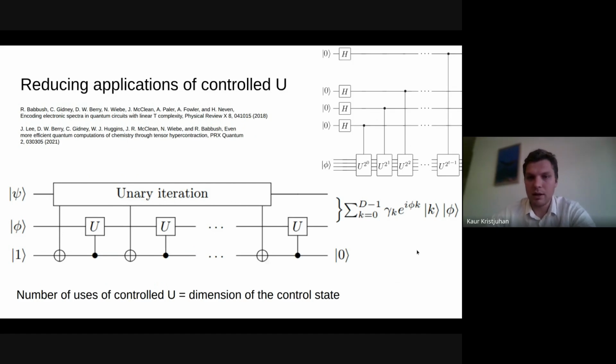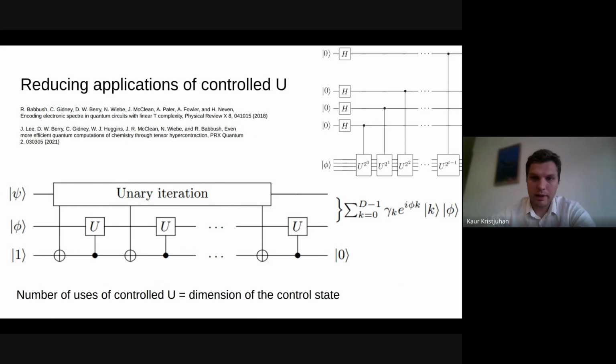But the advantage is that instead of applying consecutive powers of 2, which will all add up in the end to a power of 2, if you're just counting, you can stop counting at any point. So that's nice. You can pick a dimension of the control state which is not a power of 2, and you can apply exactly that many controlled applications of U. So this is a way to save the amount of U operations that we do.